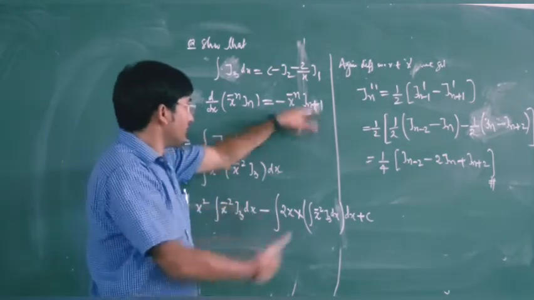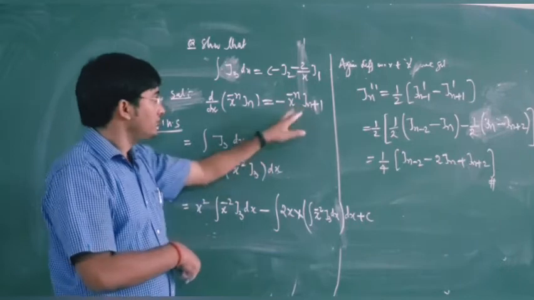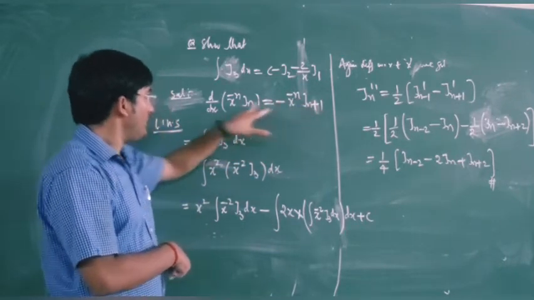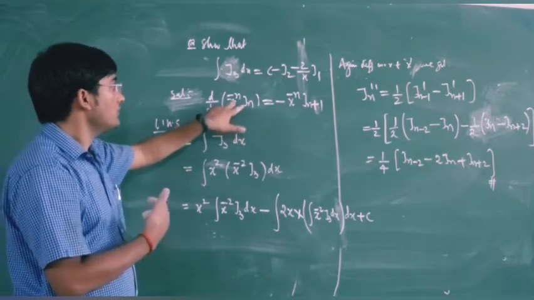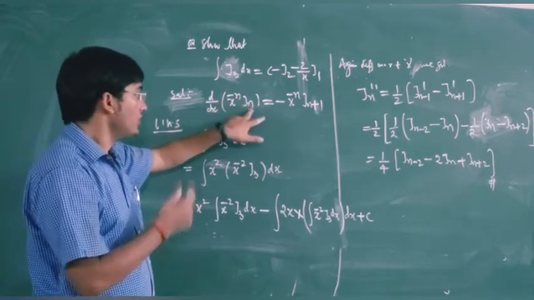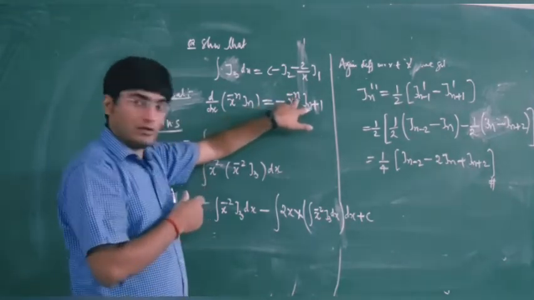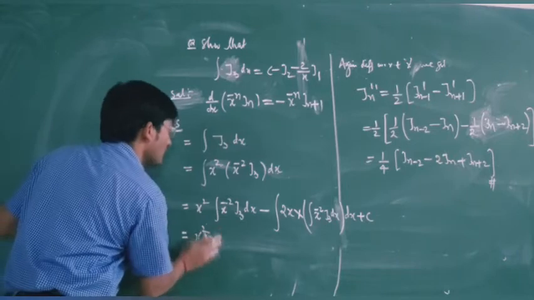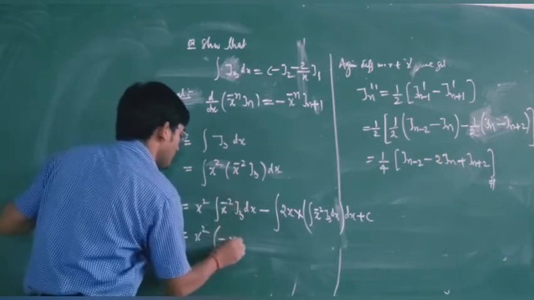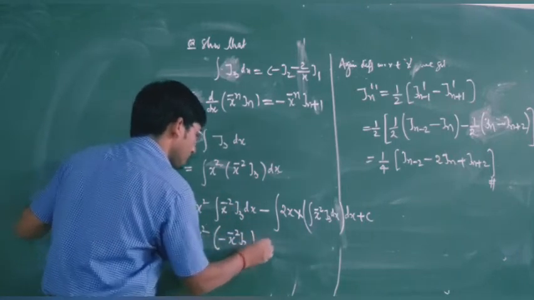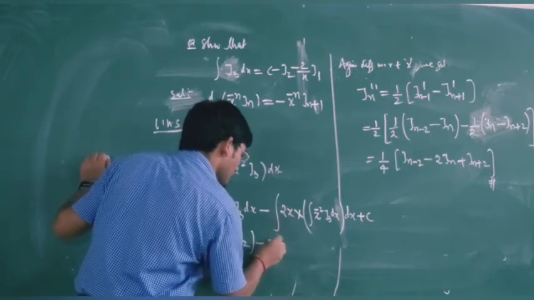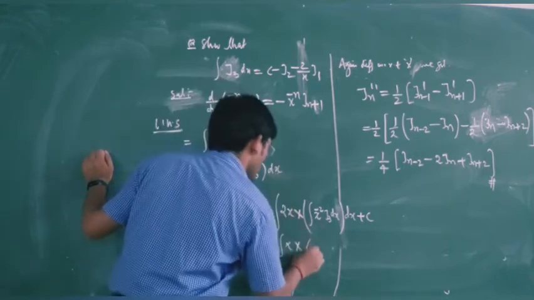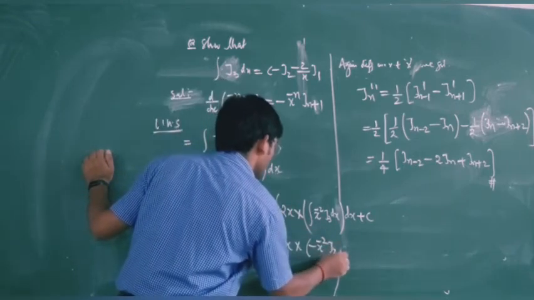Now if you integrate this equation with respect to x, then the integration of x power minus 2 into J3 will be equal to minus x power minus 2 into J2. Again, here we will have 2 outside. Then the integration of this term will be equal to minus x power minus 2 J2.